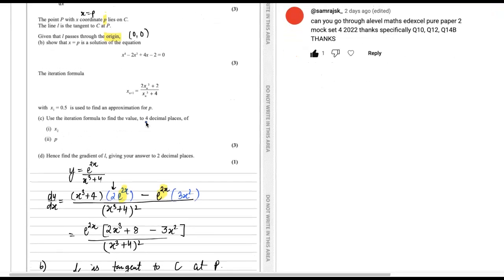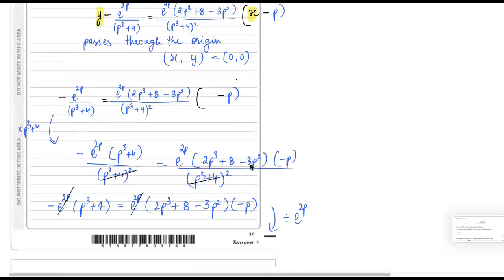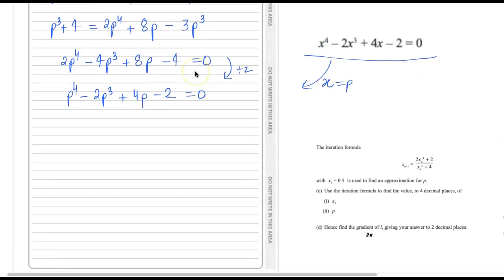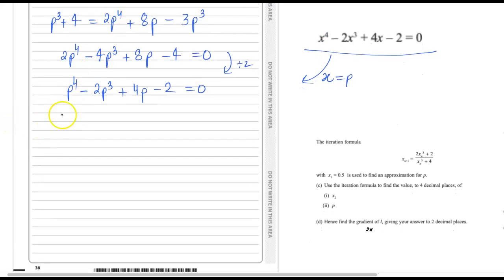Makes sense? Now, let me take the next part of the question down there. We still have 4 marks for us to do. Let's see. So for part C, hope you're understanding these things.